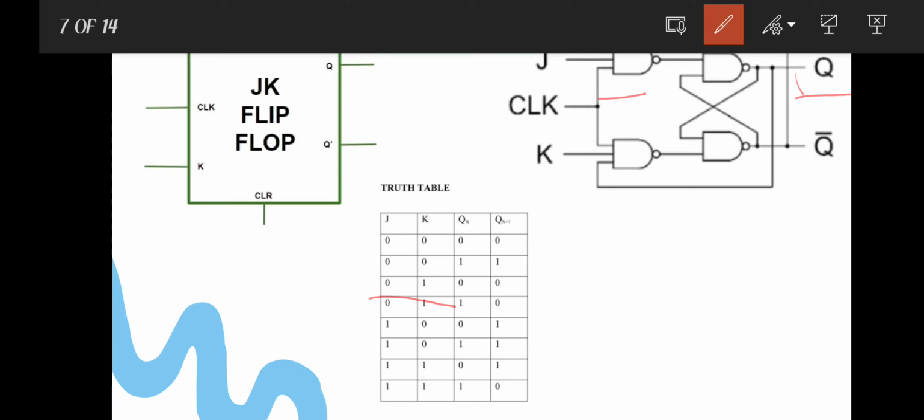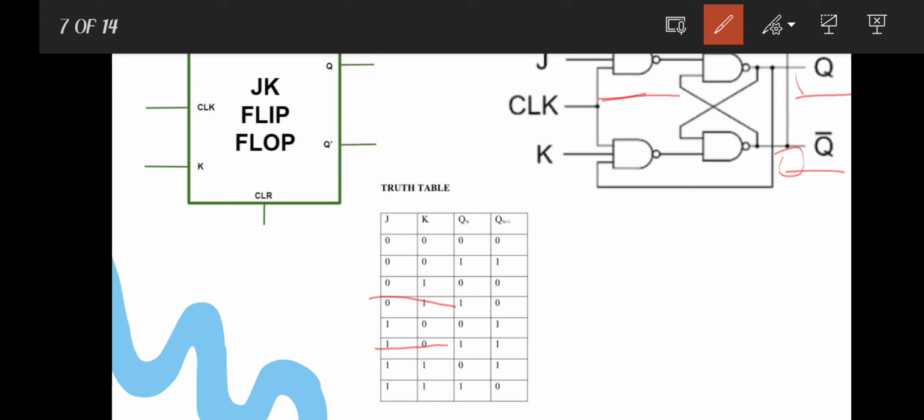Similarly, when J is equal to 1 and K is equal to 0, then at the clock transition the output of the upper AND gate will become 0, but the lower AND gate will depend on the value of Q bar. If Q bar is equal to 0, in other words if Q is equal to 1, then this input will be equal to 0.